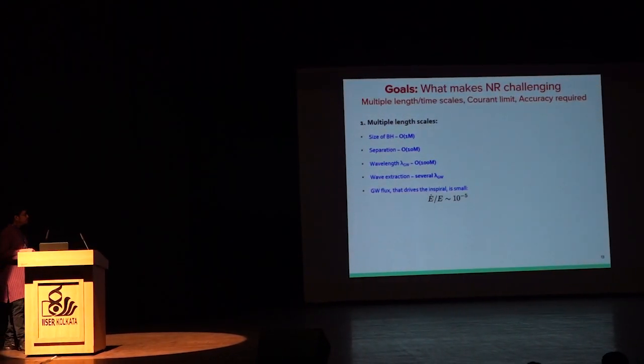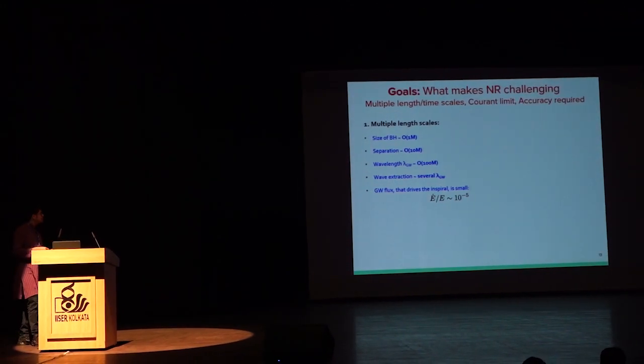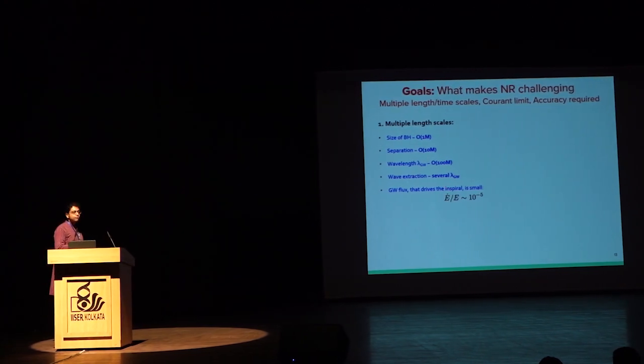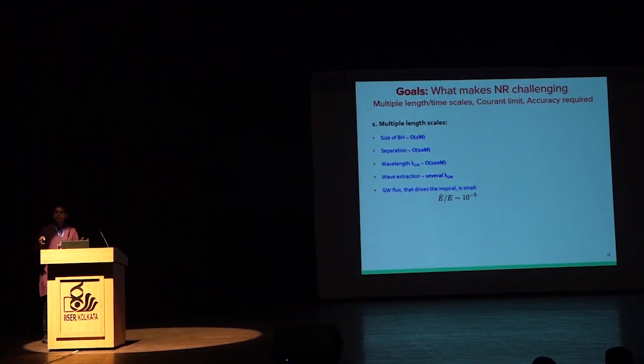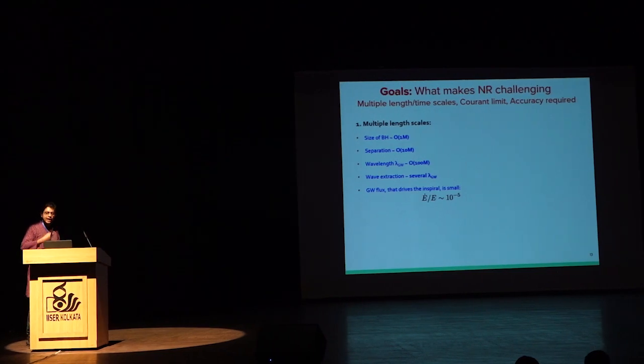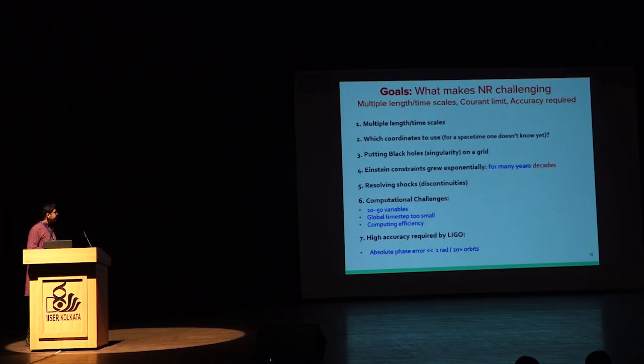Starting from the size of the black holes, to the separation of the black holes, to the wavelength of the gravitational waves being emitted by the inspiral of these black holes, and also the fact that we have to let the gravitational wave propagate out for some distance before we are able to measure them unambiguously. So that brings about 4 orders of magnitude of different length scales into the picture, which we have to resolve simultaneously at all times during these simulations, right?